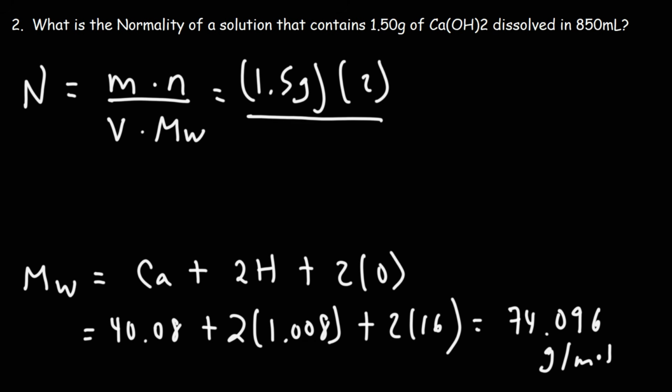Now the volume of solution, it's not in liters, it's in milliliters. Keep in mind, 1 liter is 1,000 milliliters. So if you want to convert from milliliters to liters, divide by 1,000. But if you want to show your work, you can write it this way.